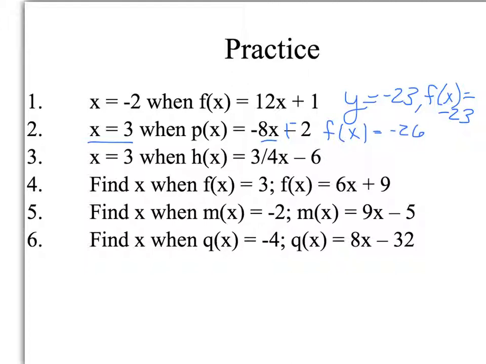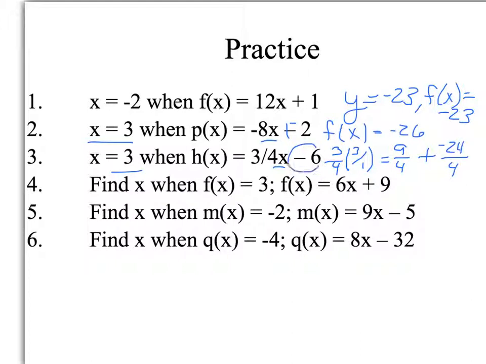Try not to let the fractions get you too worked up as we go through the next one. You just want to keep nice and consistent and try your best. Everywhere I see x, I'm going to plug in 3. I'm going to keep working with it as a fraction. So this is going to be 3 over 4 times 3 over 1. That's going to give me 9 over 4 plus -24 over 4.